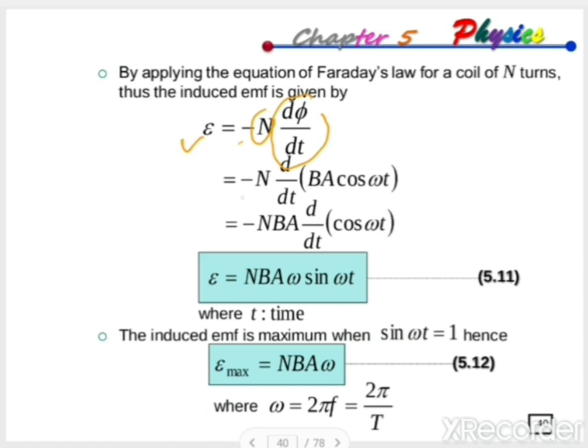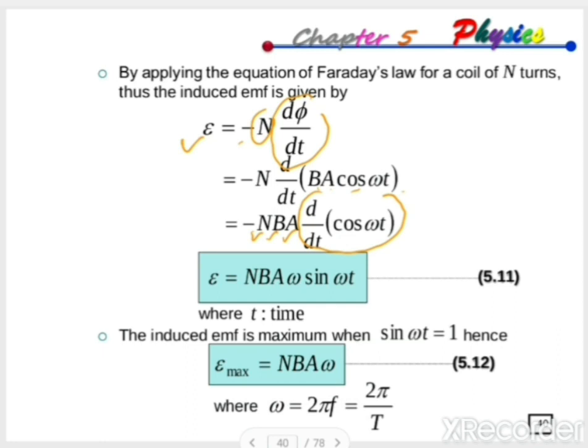From the previous equation, the magnetic flux is BA cos omega t, which we differentiate. We factorize the quantities that are constant in this equation, which are the number of turns, the magnetic field, and the cross-sectional area.